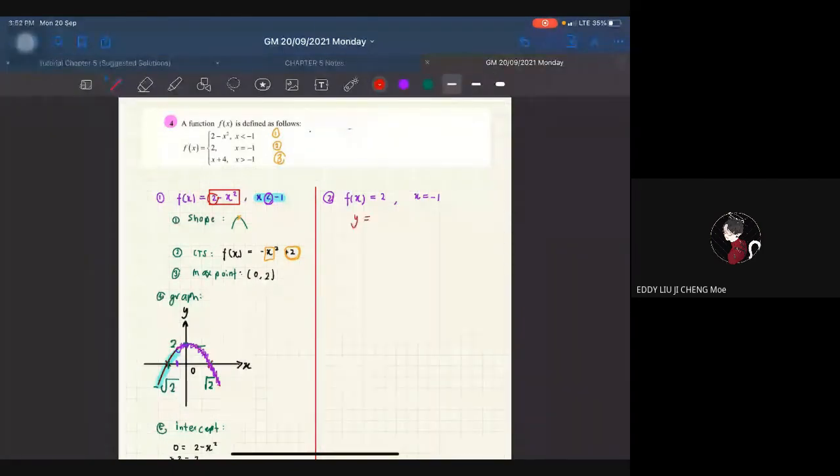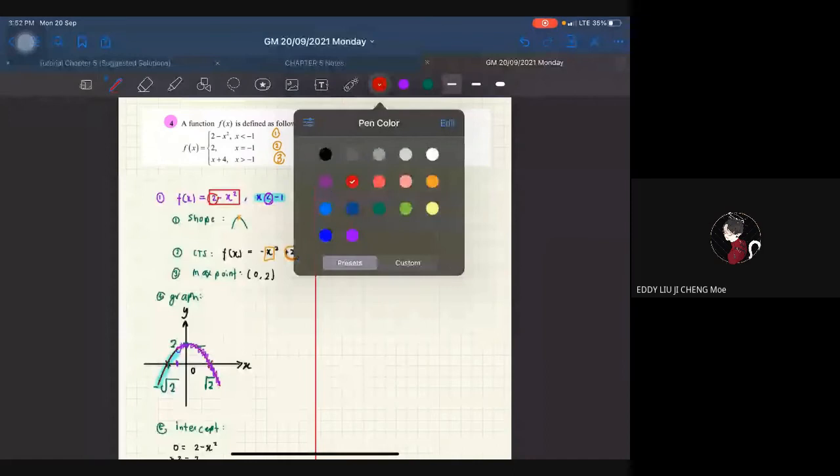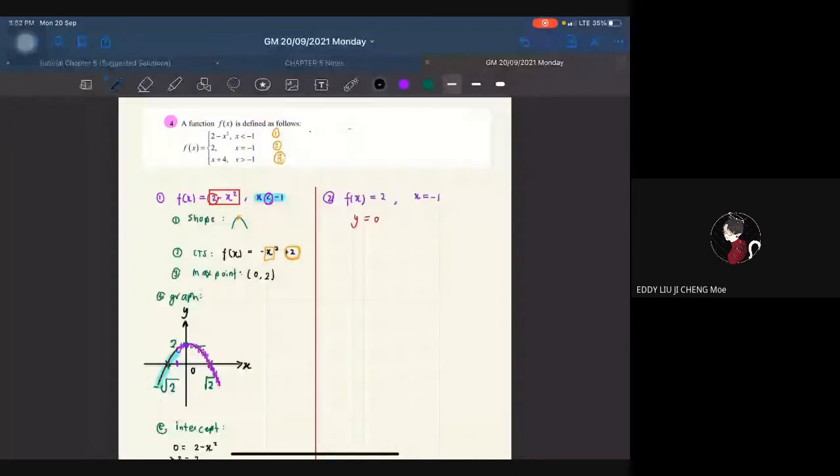Okay, so cara awak nak buat dia, first kita akan lukis kita punya axis macam ni. Okay, and then label, jangan lupa. Then 0. Okay, so y equal to 2. Dia duduk dekat atas ni. So this one somewhere here, ni adalah 2. Okay, so graph kita akan jadi macam ni.